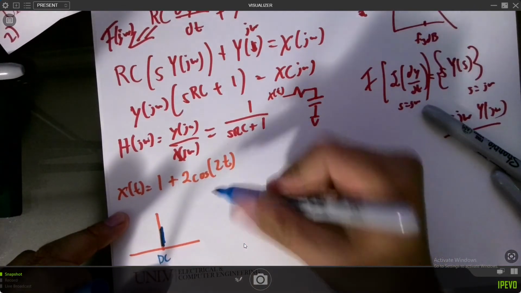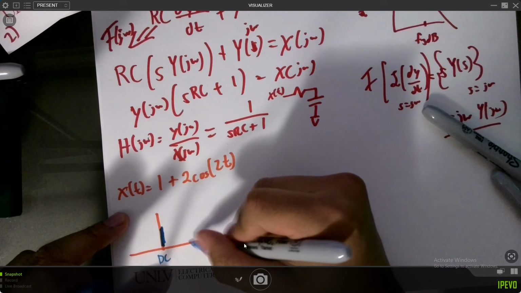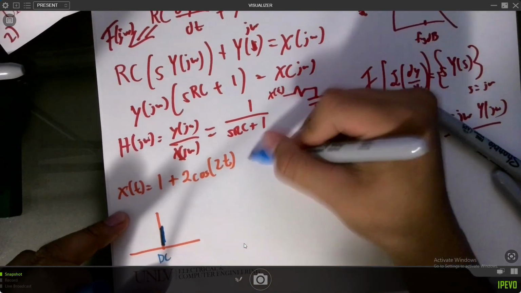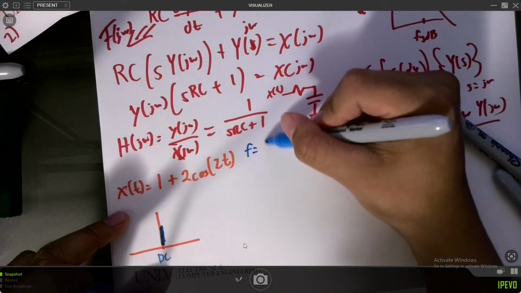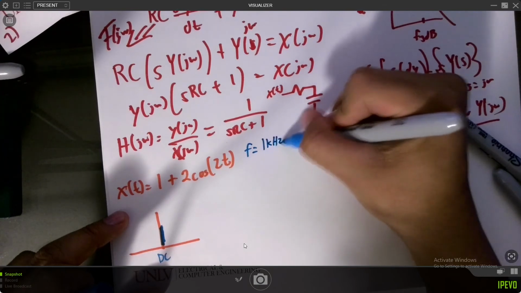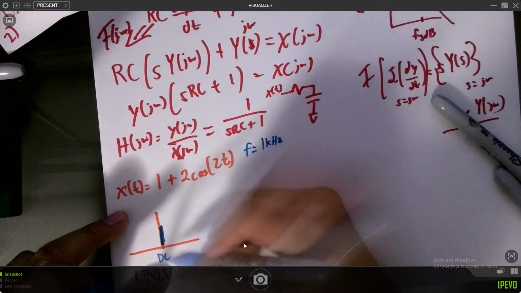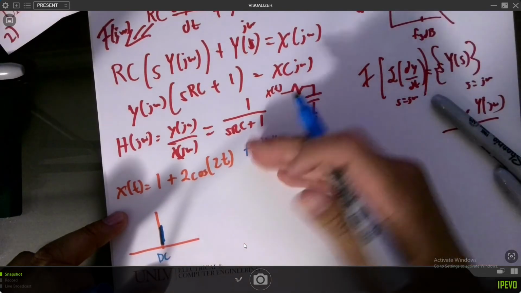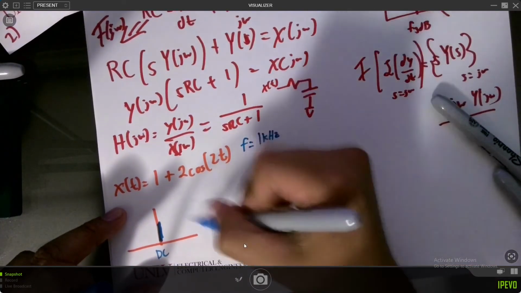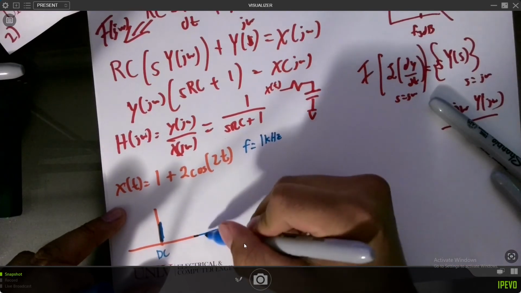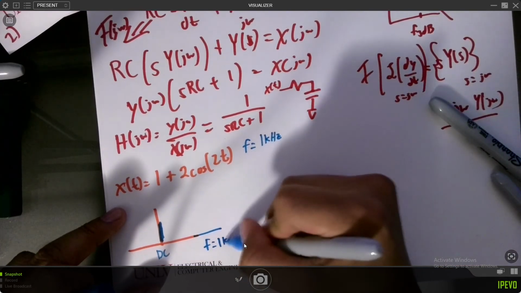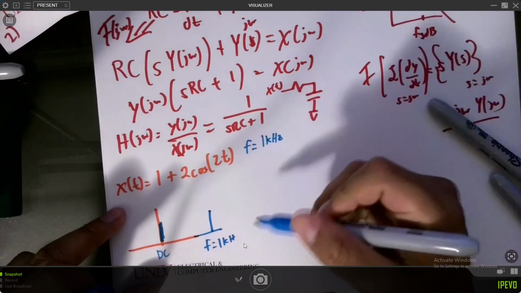And suppose I had a frequency, let's say f is equal to 1 kHz, and we were doing a spectral content. What is this going to look like in the spectrum? Literally at f equal to 1 kHz, it's just going to be a spec.